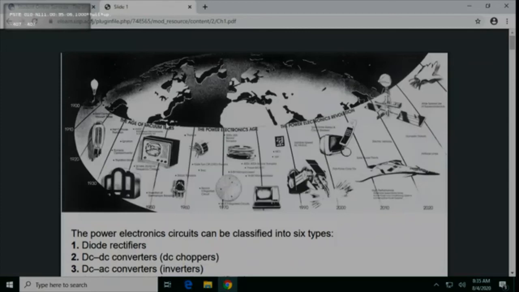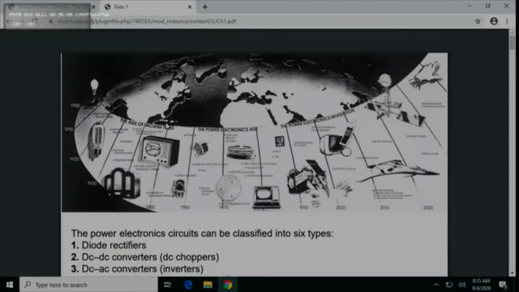Hybrid cars. I just recently changed my inverter. It's very costly. See, power electronics is very costly. That's why the larger the power electronic device, the more costly.